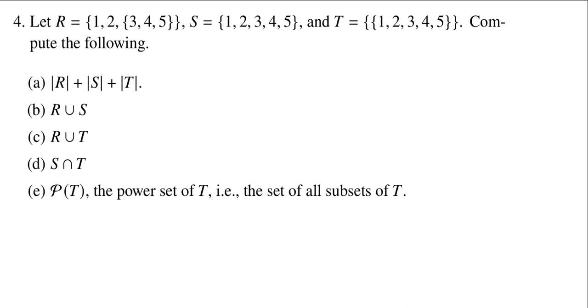And then the third set is T. And this looks very much like S, only it's like there's a typo or something, right? There's 2 sets of braces. So T is actually the set containing the set {1, 2, 3, 4, 5}.